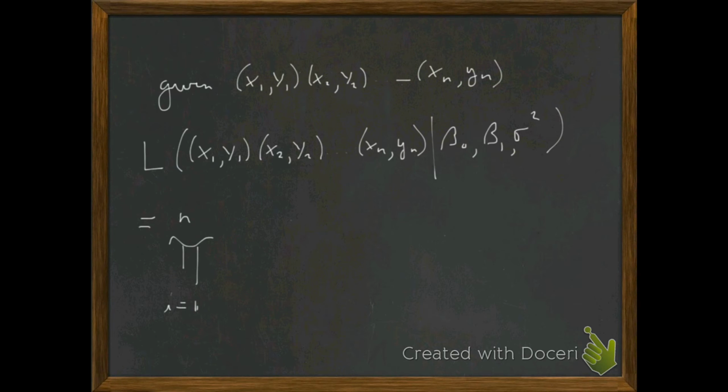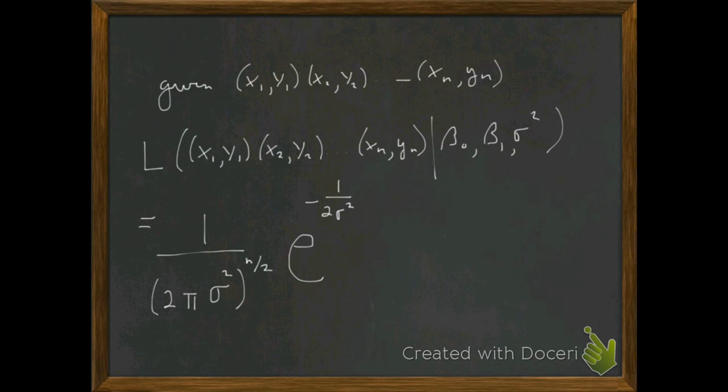I'm just going to go ahead and simplify, give you the simplified form. So that would be 1 over 2 pi sigma squared to the n over 2, e to the minus 1 over 2 sigma squared times the sum of y.